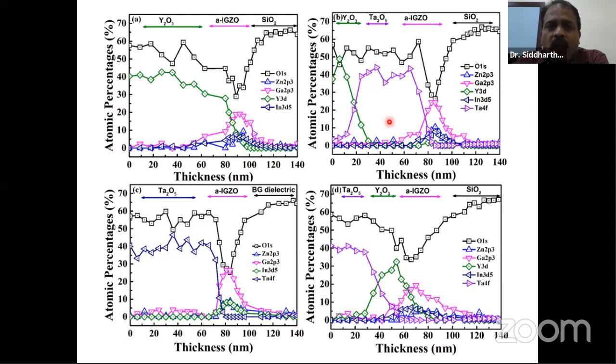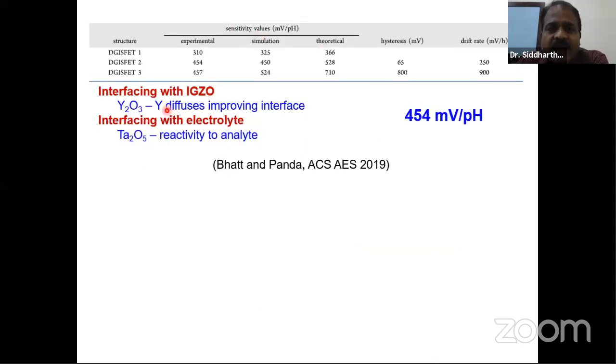This tells us that there is a diffusion of yttrium into the semiconductor, and we found that this diffusion plays a very critical role in improving the interface, which has resulted in better performance values.